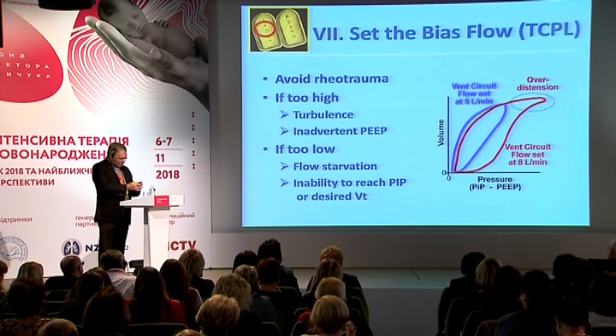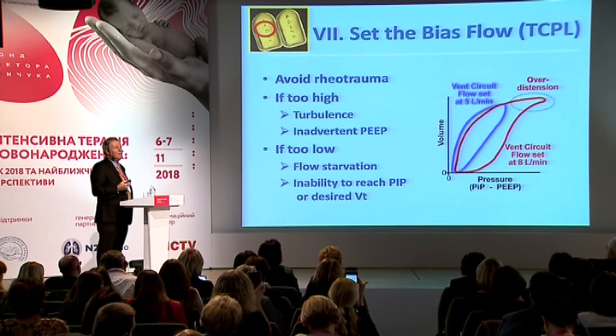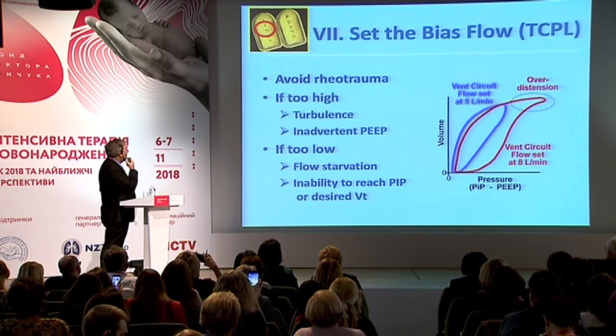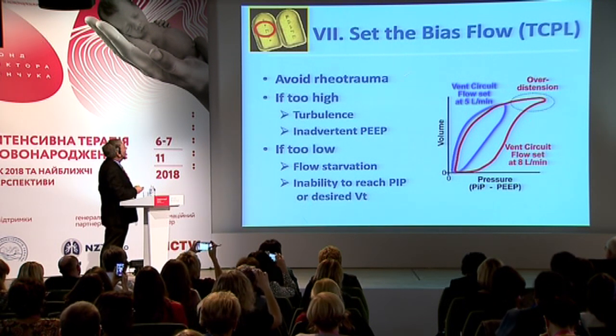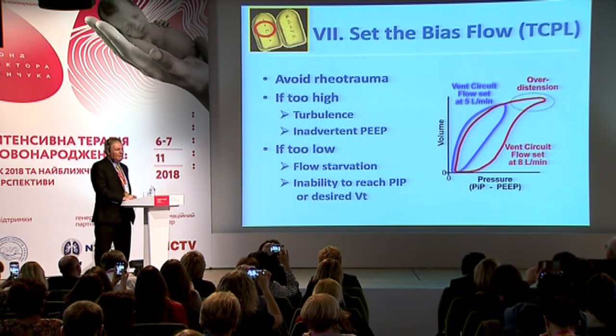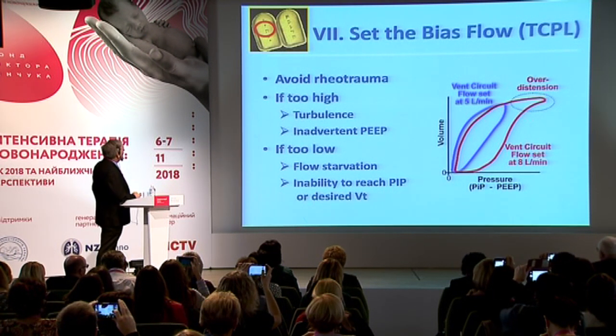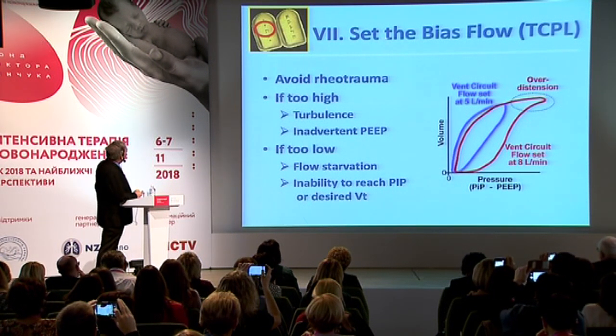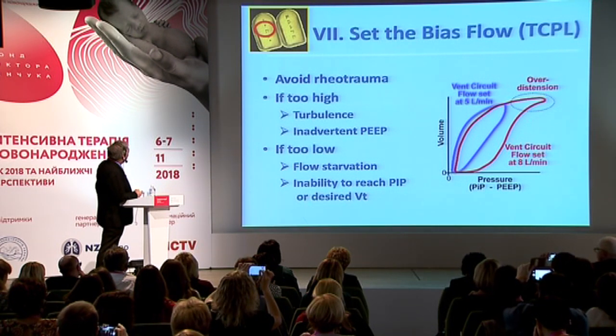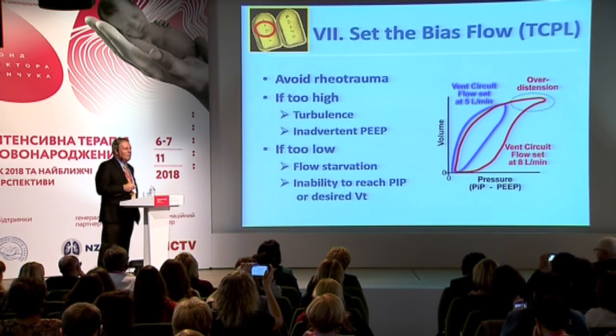Number 7: if you're using pressure-limited ventilation, how do you set the bias flow in the ventilator circuit? There are a couple of ways you can do this, but the main thing you want to do is avoid something that I called, a number of years ago, rheotrauma.